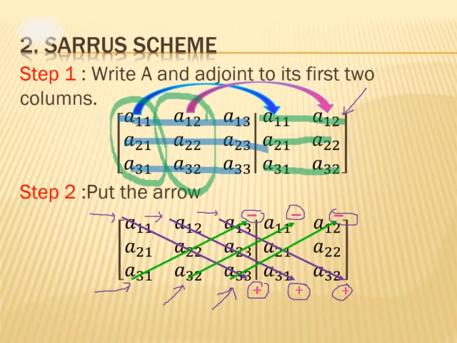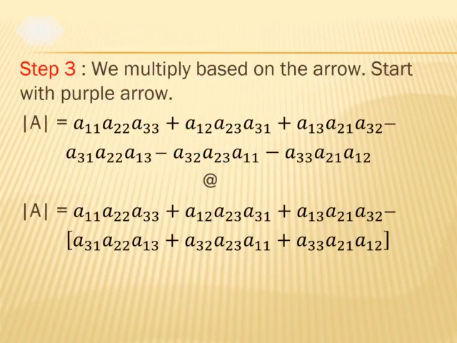So how to read using series scheme? Step 3, we multiply based on the arrow. Start with the purple. So A11, A22, A33, and so on.